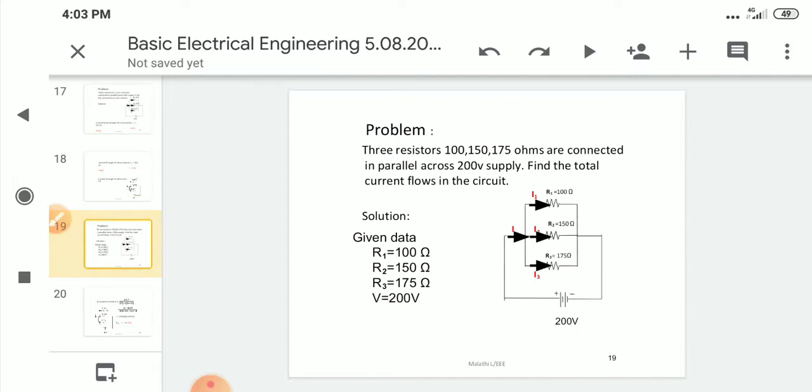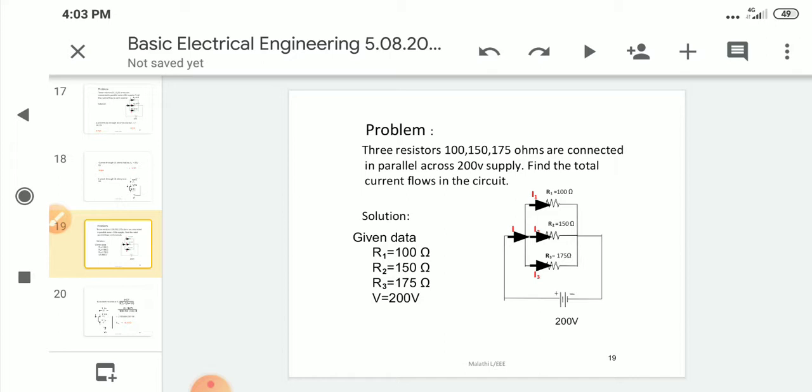Next, three resistors 100, 150 and 175 ohms are connected in parallel across a 200 volt supply. Find the total current flowing in the circuit. Here R1 is equal to 100, R2 is equal to 150 and R3 is equal to 175 ohms.